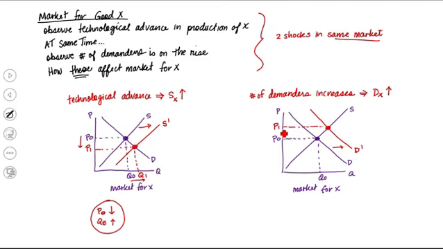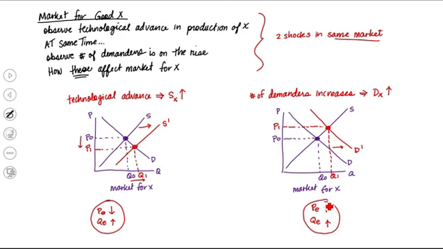Price is P1. Quantity is Q1. So I need to summarize the effect of just the demand shock. Equilibrium price has gone up, and equilibrium quantity has gone up.